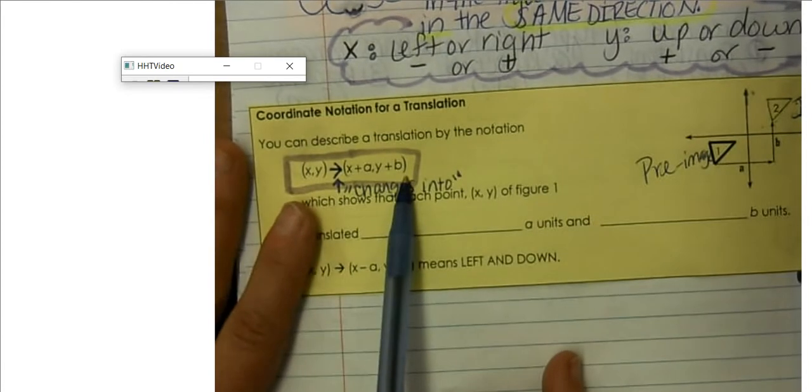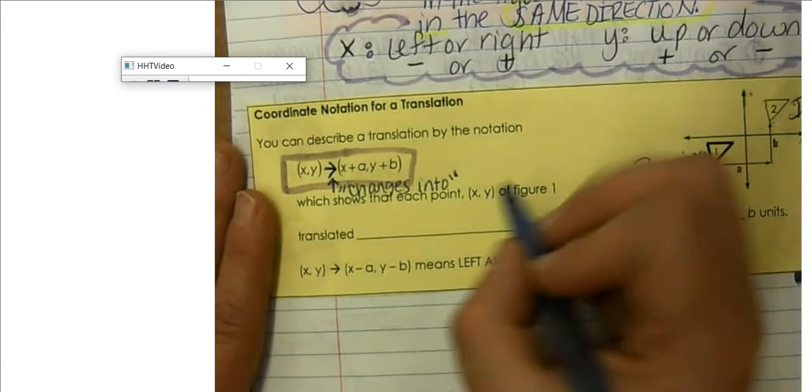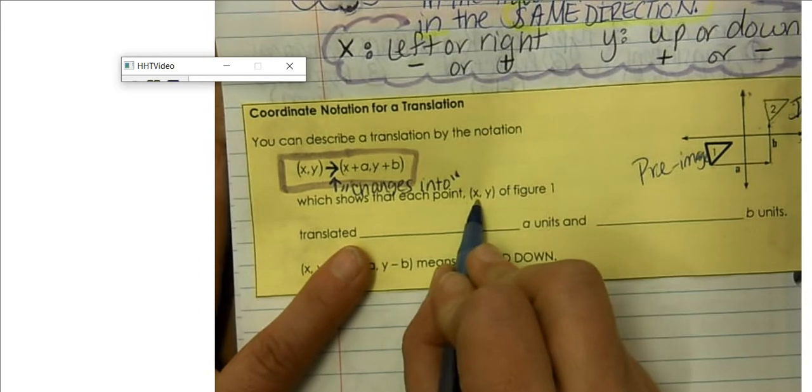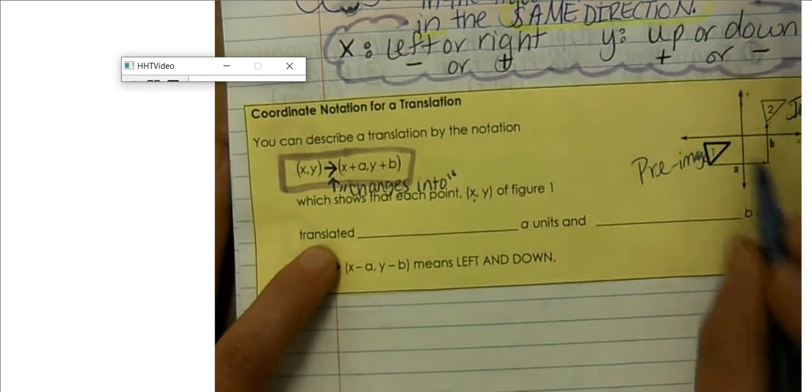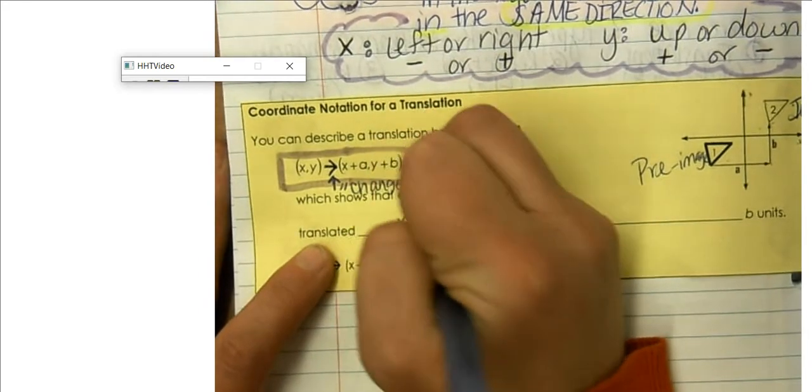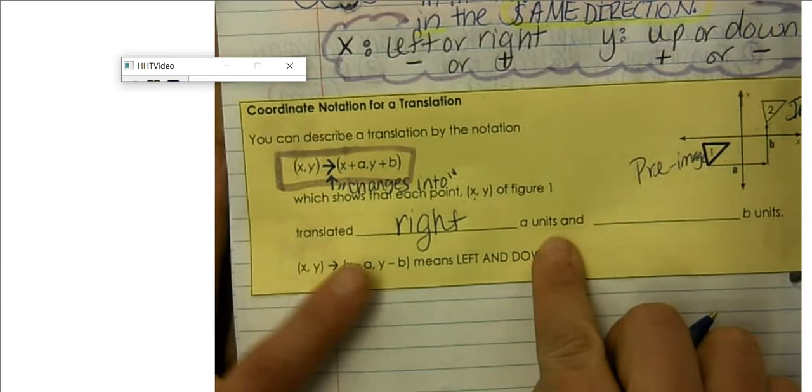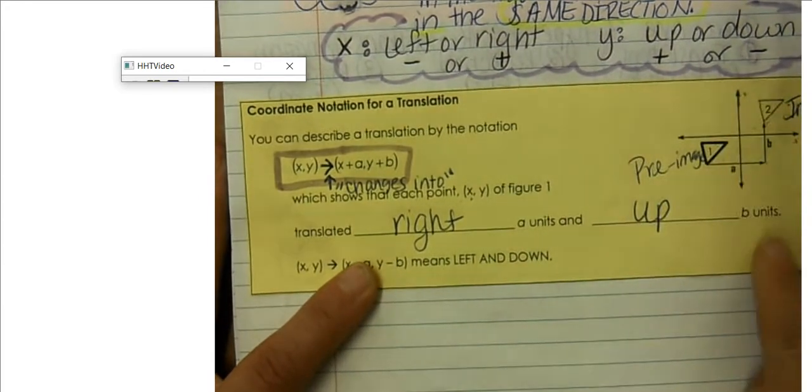So it says in this rule, we translated X plus A and Y plus B, in which it shows that each ordered pair in our figure 1 was translated to the right A units and then up B units.